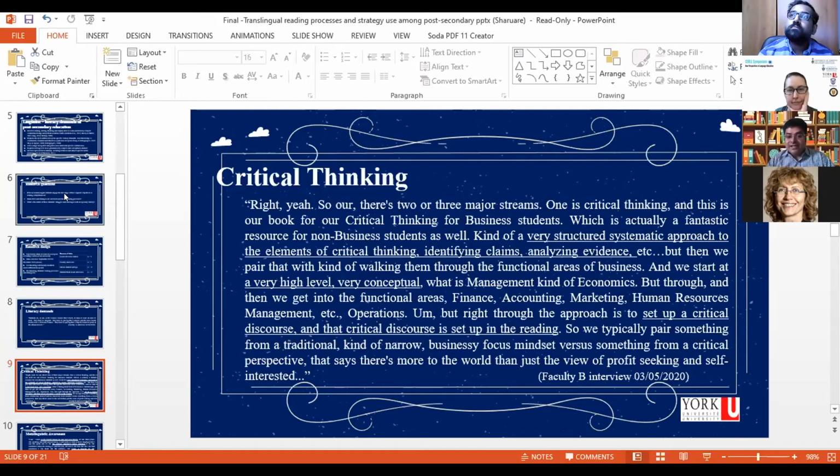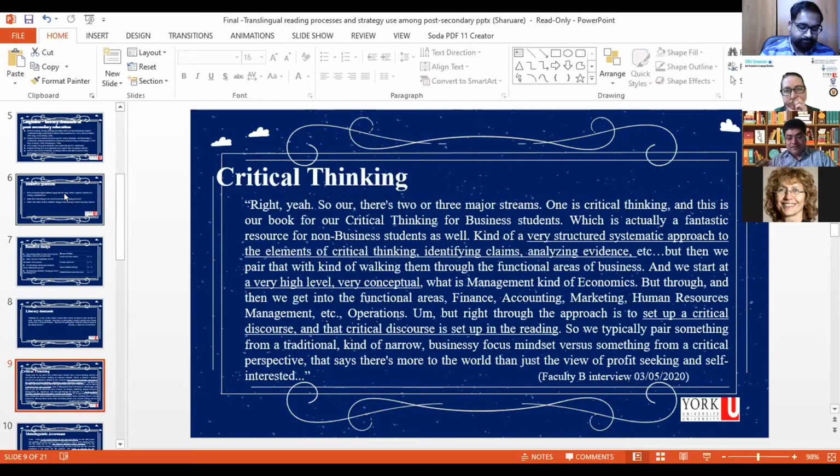And also he shared that they need to set up a critical discourse, that critical discourse is to be set up in reading. So we typically pair something from a traditional, narrow, businessy-focused mindset versus something from a critical perspective. This says there is more to the world than just profit-seeking and self-interest.